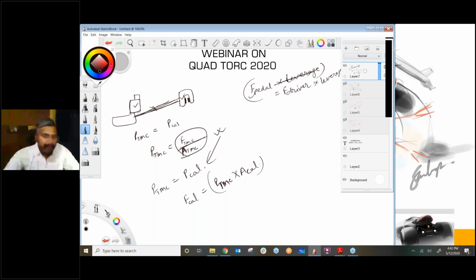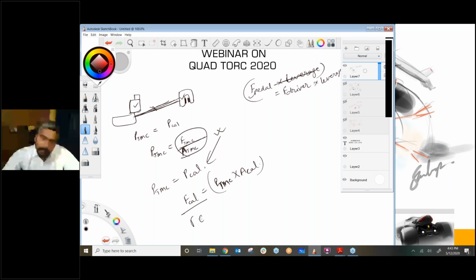So whatever the RPM this shaft is rotating, with the same RPM this rotor will also be rotating. So if you want to stop this rotation, if you want to stop this torque, you will need to stop this rotor first. Okay, so this is basically a torque, and over here also there is a torque.